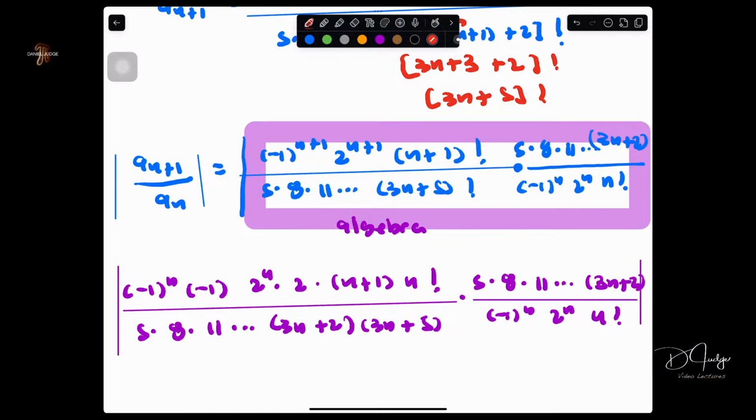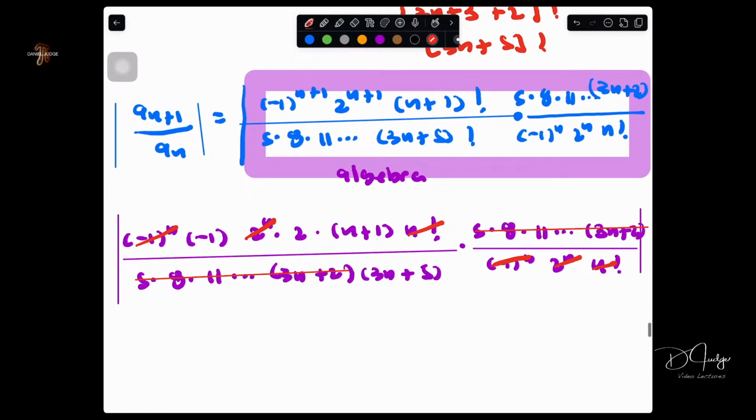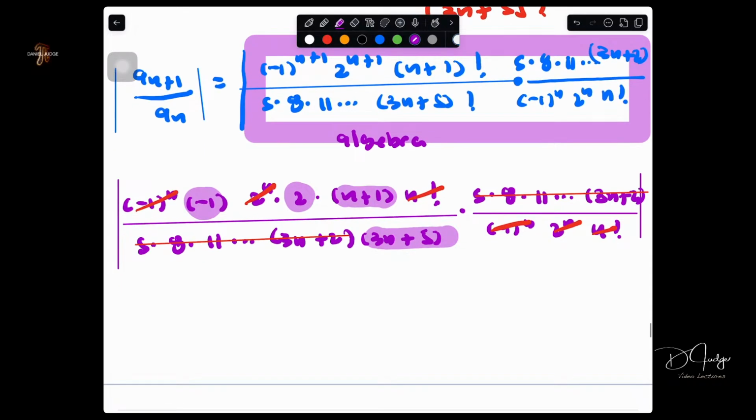So we get to cancel now. This is what I was looking for. 2 to the n, and factorial, and factorial. This 5 times 8 times 11 up to 3n plus 2 goes away. So let's be careful and see what we really have now. Negative 1, 2, n plus 1 in the numerator. And it looks like 3n plus 5 in the denominator.